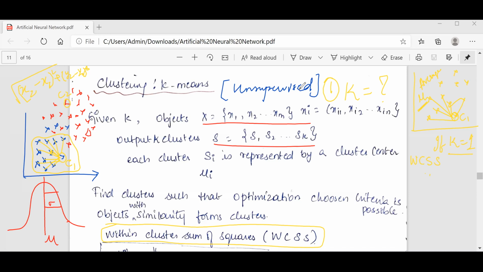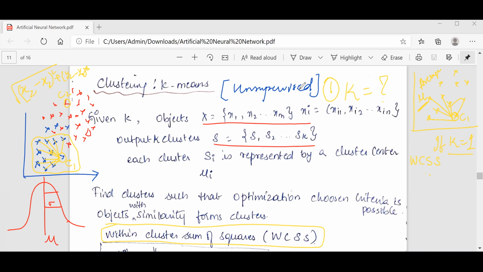I'm repeating it again. Within cluster sum of squares means I calculate the Euclidean distance from one point to the other. This is the value I calculated for the first point.